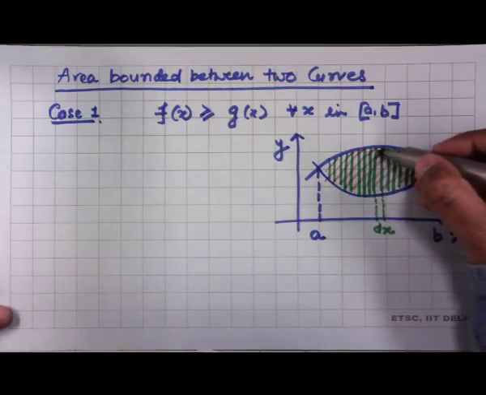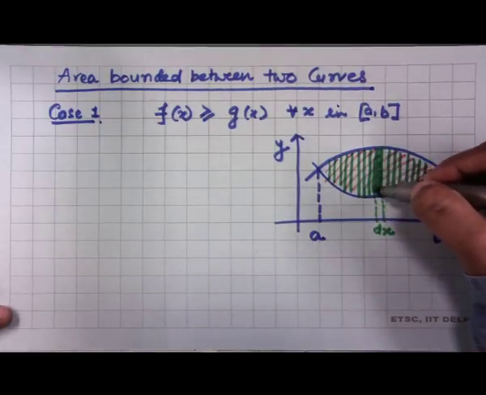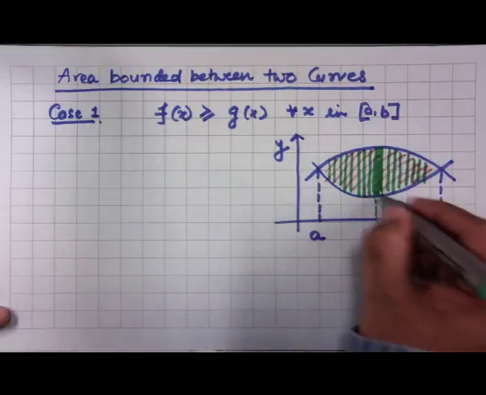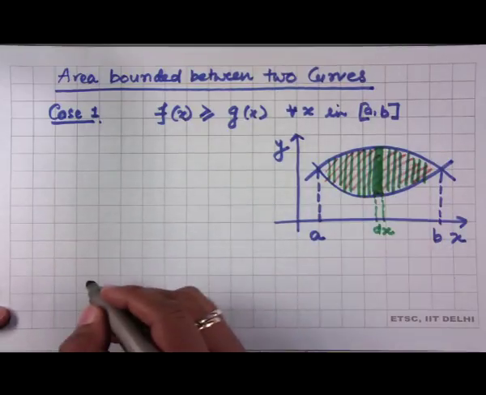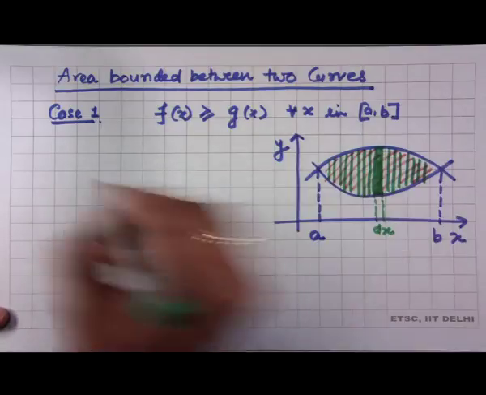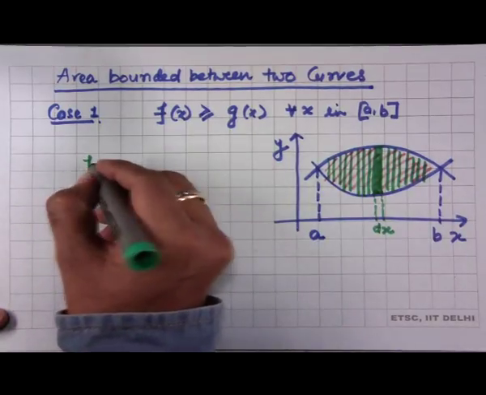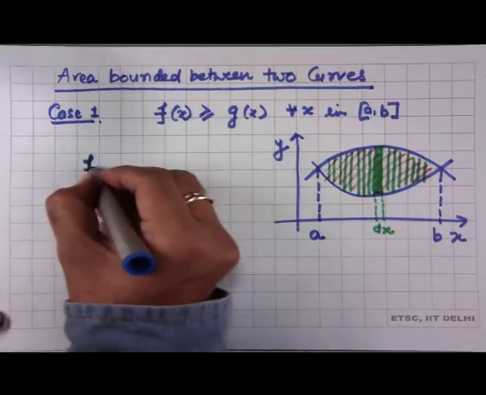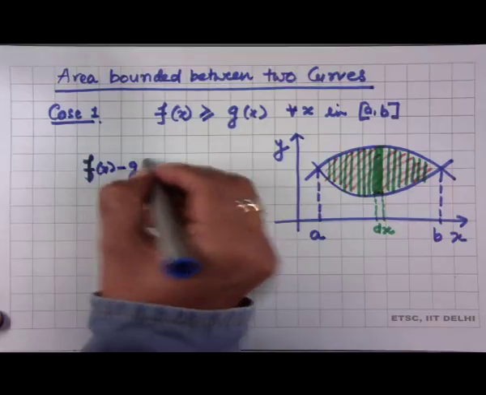So area of this elementary strip will be this height into dx, and this height will be f(x) minus g(x).